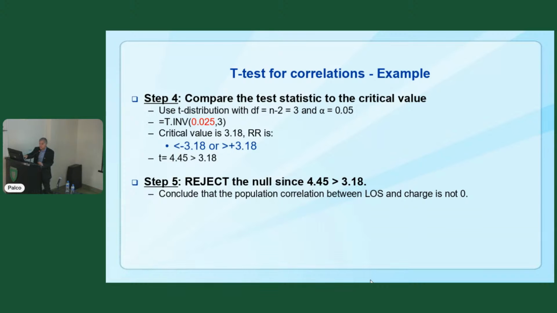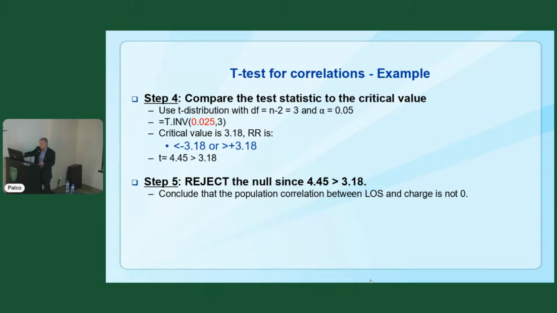So if your number is greater than that t, then you say this is not only an interesting correlation, it's very high, 0.93, but it is statistically significant. It actually exists. It's a strong correlation. So you can reject the null hypothesis.